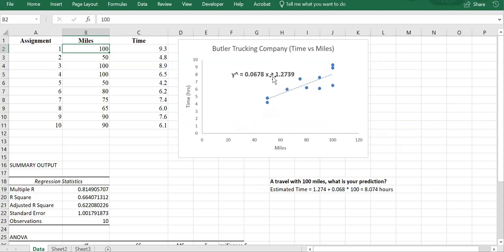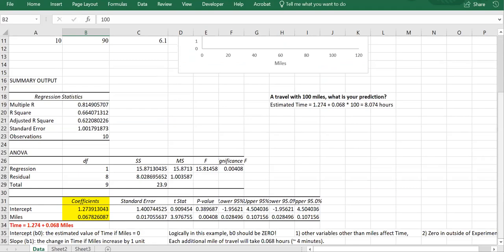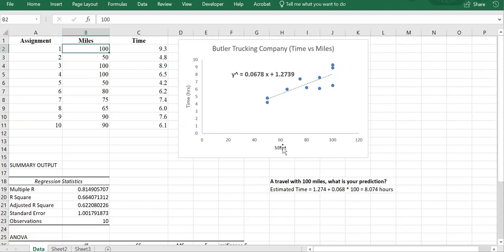The intercept is the best value that makes your model work well within the experimental region. Now, if you want to interpret the intercept as the estimated value of time if miles is 0, that means you are extrapolating, which is extending the equation to make predictions outside of your experimental region. And you're extending it too much, 50 units to the left.